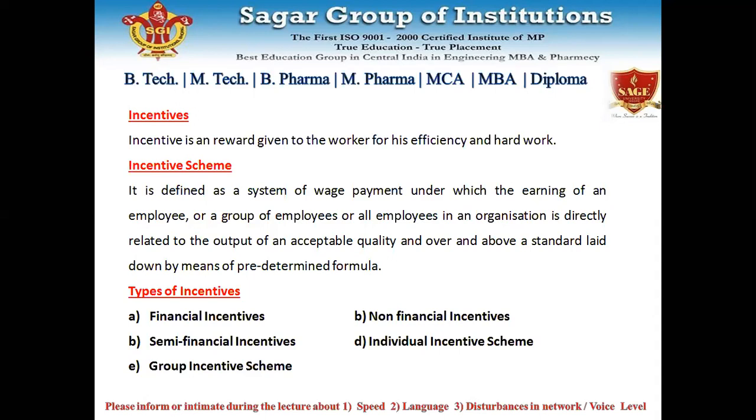So we have to finalize a base rate, and on top of it, if somebody is performing well, say the number of articles they are making at the desired level of accuracy, if they are touching the target level, they'll get this much. If they are exceeding the target level, then they will get this much. These kinds of things we will see in the plans or incentive schemes available in those methods. So that will be discussed in our next lecture.